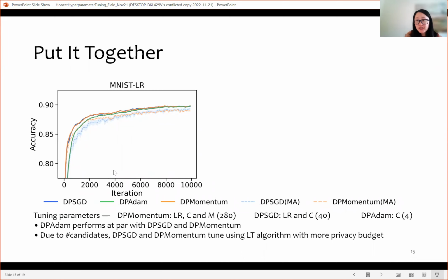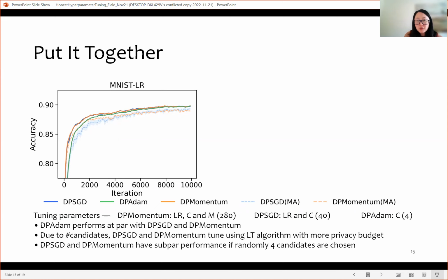Right. So to achieve the same level of accuracy, the non-adaptive optimizers have to cost more privacy. On the other hand, we want to see, if I really give a very tight privacy budget to the non-adaptive optimizers, whether they can get a good accuracy or not, and the answer is no.